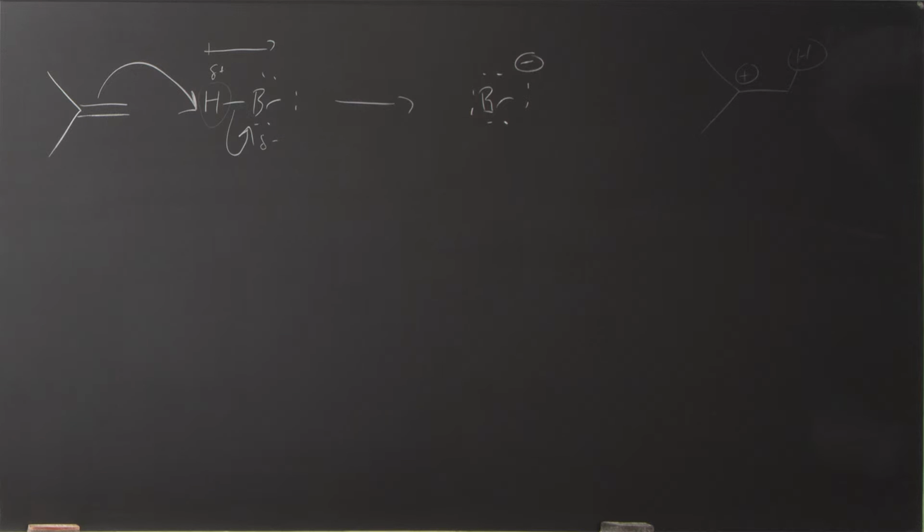And then what? Well, then we have two possibilities. Where did the hydrogen end up? It either ended up on the end, and I'm going to circle it here to make clear which one we're talking about, or it ended up on the inner one.